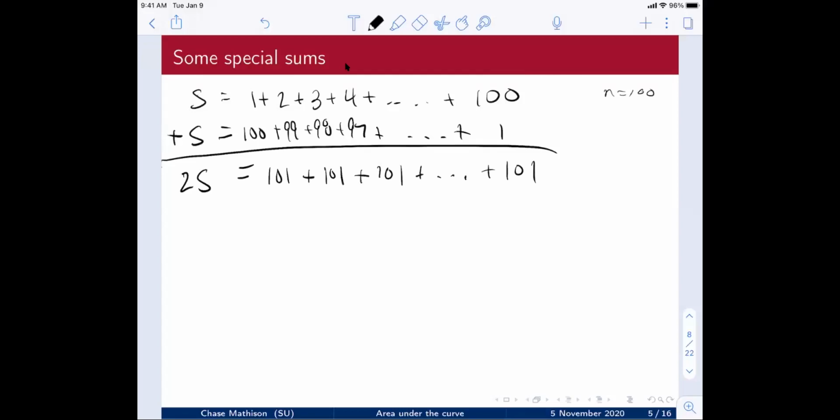Now, how many 101s do we have? Careful. 100. We've got 100, because for each term here, I've got a 101 down here. So I've got 100 times 101. There's 100 101s, and there's still the 2 on the left.